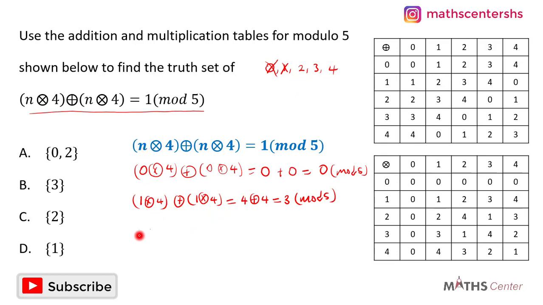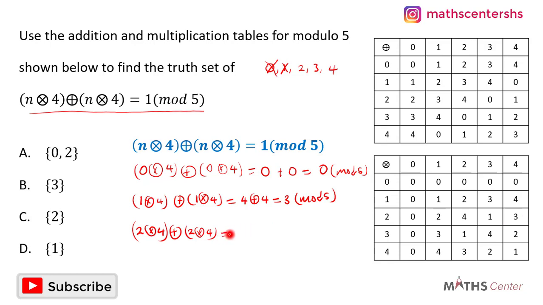When n is equal to 2, we will have 2 times 4 plus 2 times 4. So we will go to the multiplication table and read 2 times 4. From our multiplication table, 2 times 4 will give us 3.